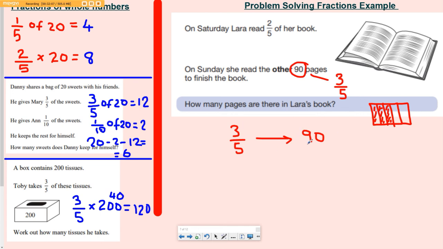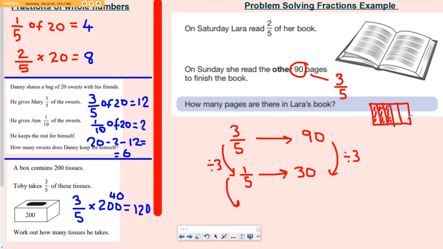If 3/5 gives me this, let's see if we can find out what 1/5 is. So if I divide this by 3, and I divide also this one by 3, then I'm going to get that 1/5 gives me 30.